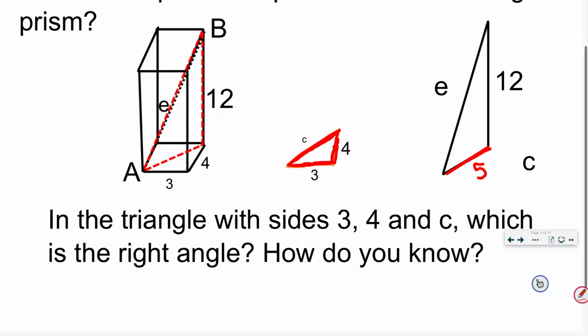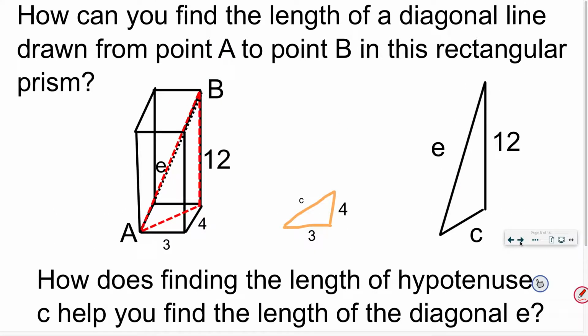If I have a leg of 3 and a leg of 4, then the hypotenuse of that triangle would be 5. What would the calculation have been? Good. 3 times 3 is 9, plus 4 times 4, which is 16, which gave a total of 25, and just like Helena said, the square root of 25 is 5. So I now know that C has a value of 5.